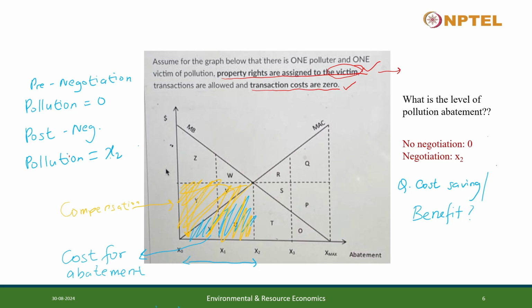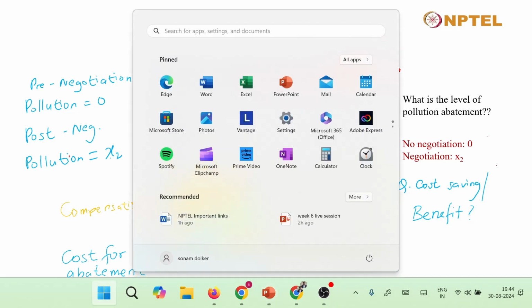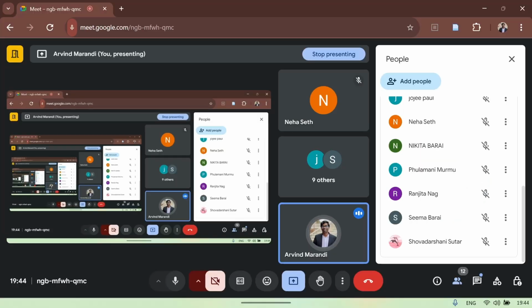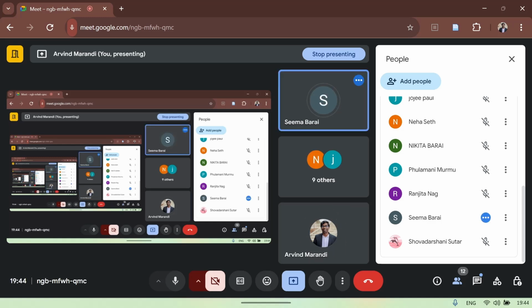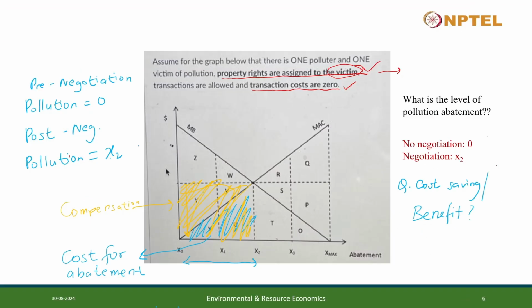After negotiation, what would be the extra benefit which the victim is getting? Which area? Yes. Anyone? Seema, yes, ma'am. What will be the answer for this? Cost or benefit after negotiation in this case?